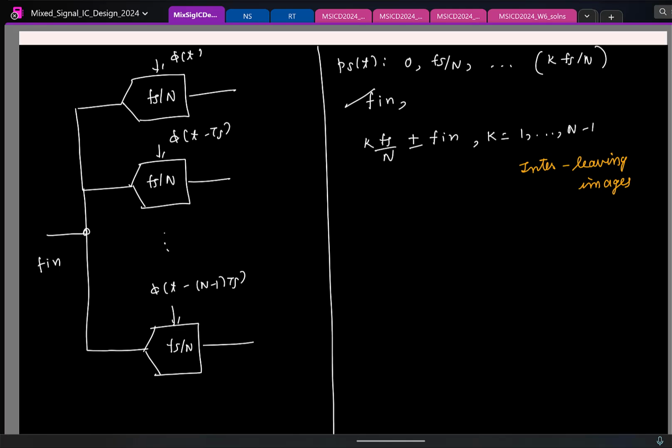Let us say in the first path there is no delay, so it's basically 1. In the second path there is a delay of Ts. For a sinusoid at a frequency f, what will be the phase introduced by this?